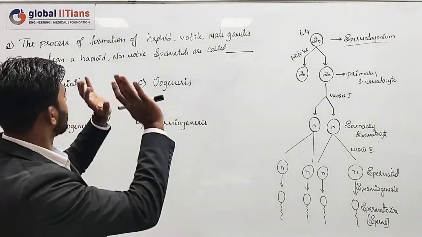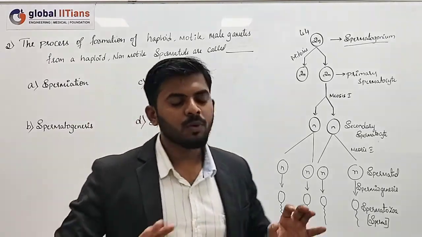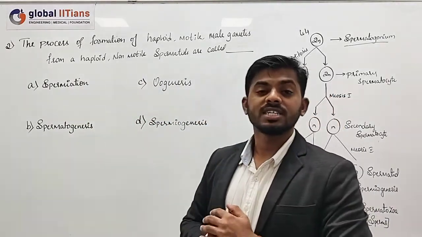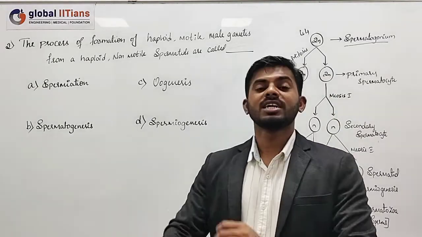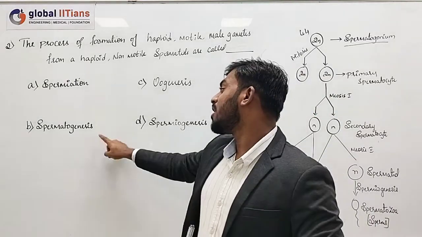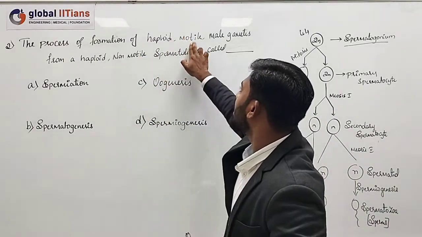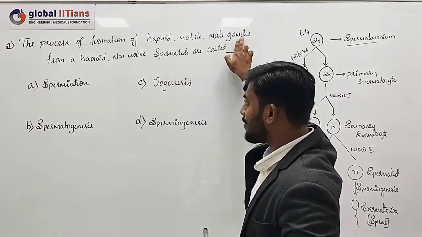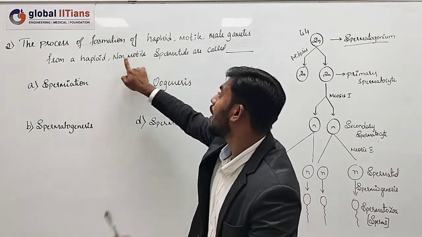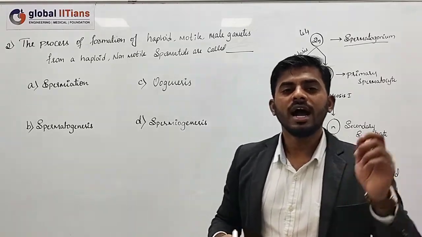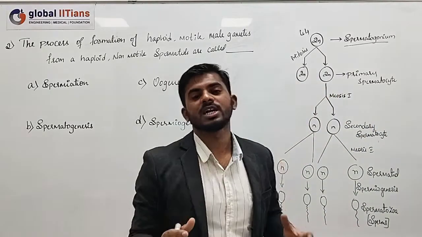In general, when we look at it, it appears to ask about the formation of sperms. When such things strike our mind, we have a chance of marking spermatogenesis. But here they ask clearly: haploid motile male gamete from haploid non-motile spermatid. So we should be cautious here and know what it's actually asking.